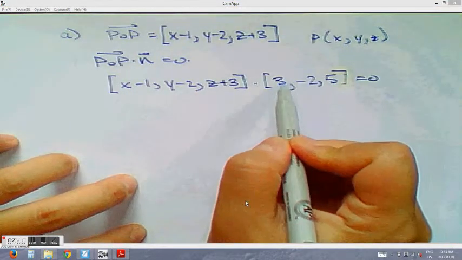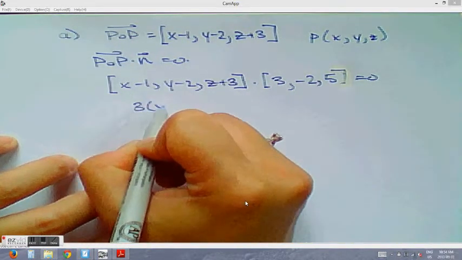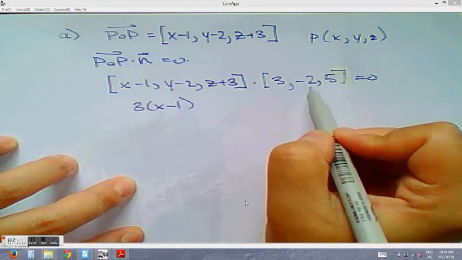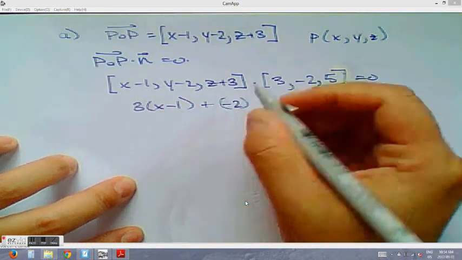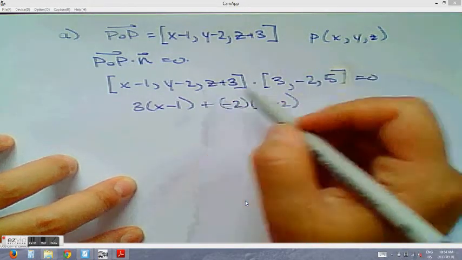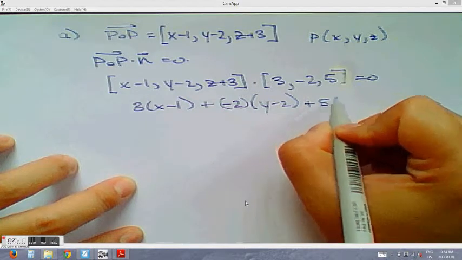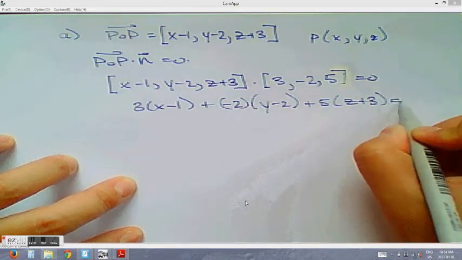Remember, it's 3 times x minus 1, plus negative 2 times y minus 2, plus 5 times z plus 3 is equal to 0.